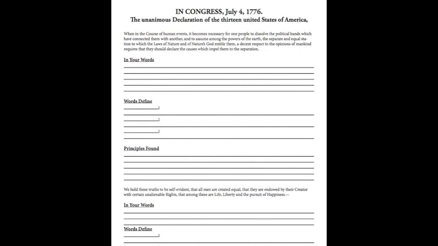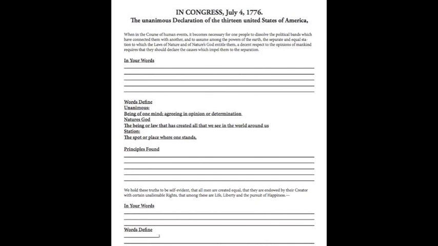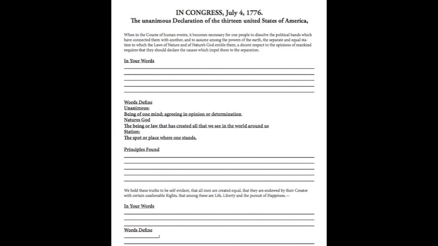So the first step whenever I'm doing something is I'm going to stop and look up words. I already did that, and on this next page you see I looked up the word unanimous. Unanimous means being of one mind, agreeing in opinion or determination. So this is a declaration, a written statement, coming from a people who are of one mind and have one determination.